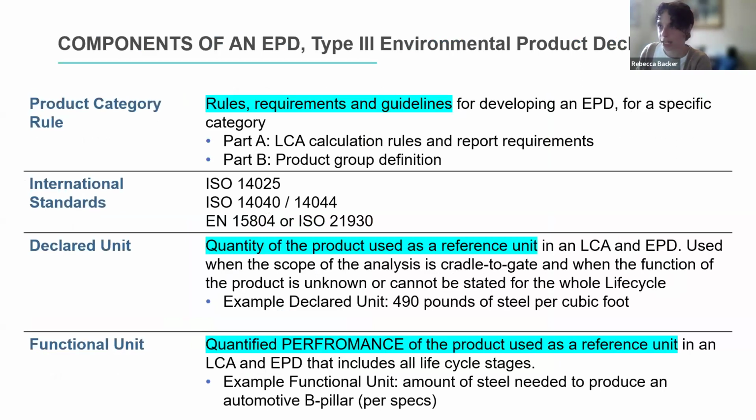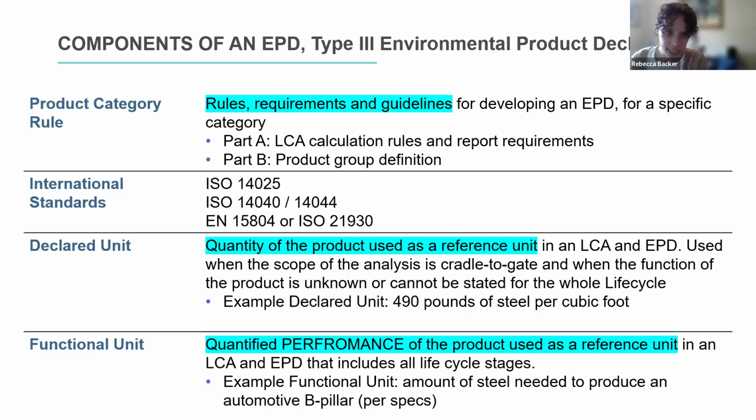So, as I hinted before in defining what a type 3 EPD is, LCAs and EPDs are governed by several different standards and guidelines. These will include ISO 14025, which I had previously mentioned, as well as ISO 14040 and 14044, as well as the applicable product category rules, or PCR for short.